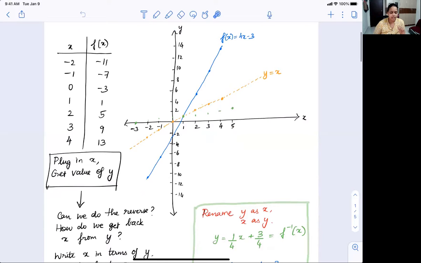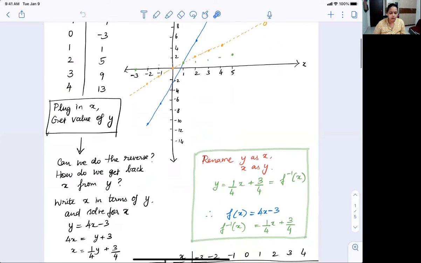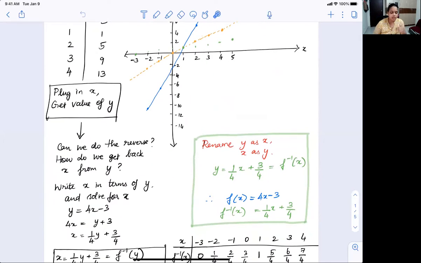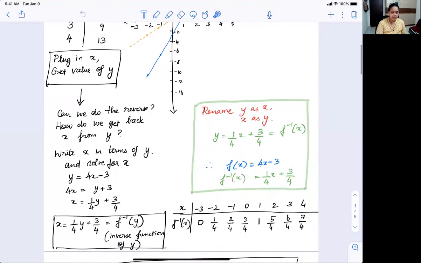It's fairly straightforward. The equation tells us y in terms of x. If I want to get x back from y, then I just have to rewrite the equation where x is written in terms of y. So how do I do that? I have y is equal to 4x minus 3, the original function.